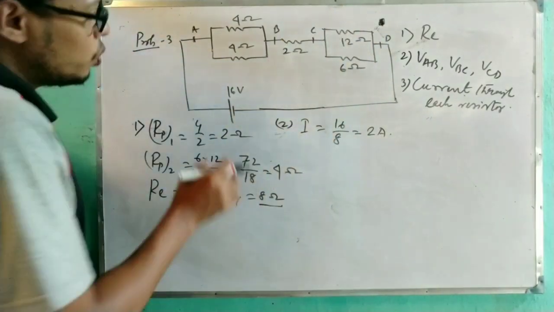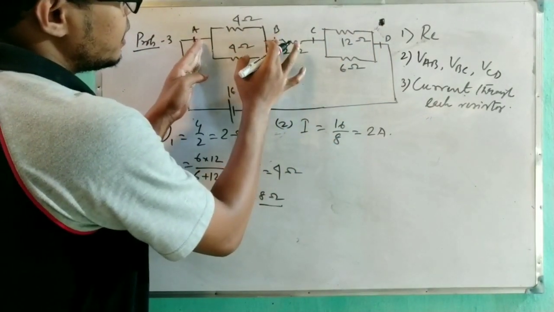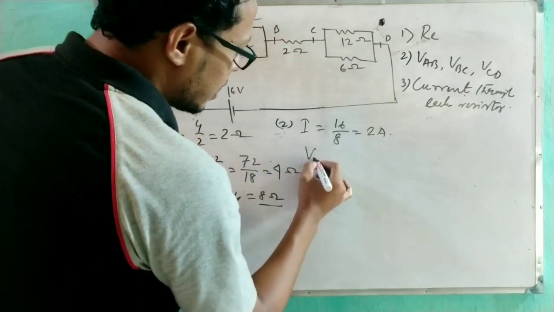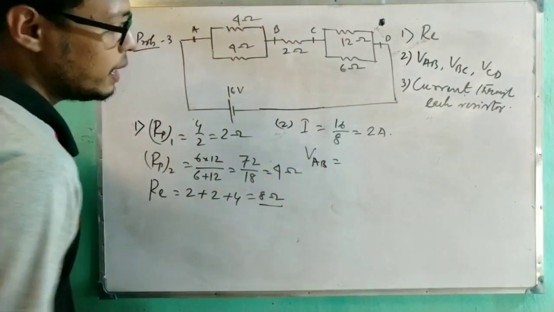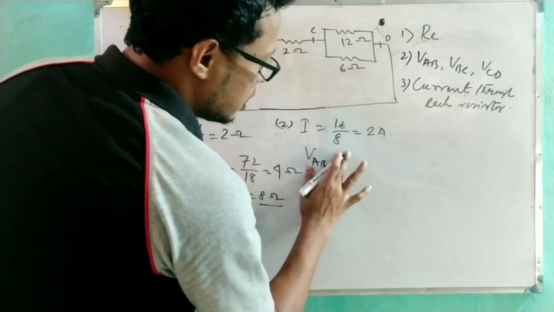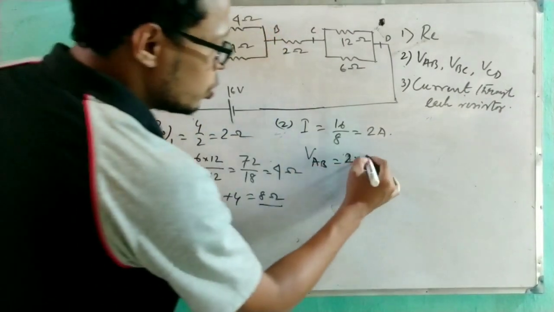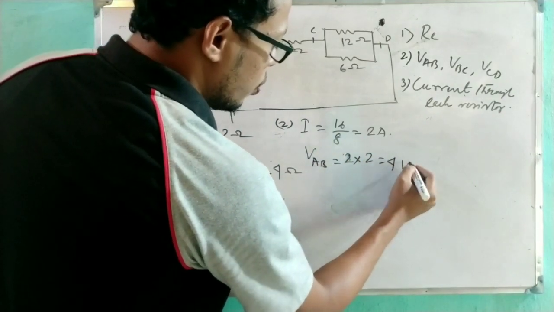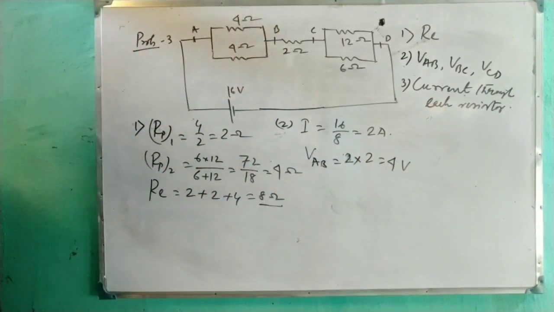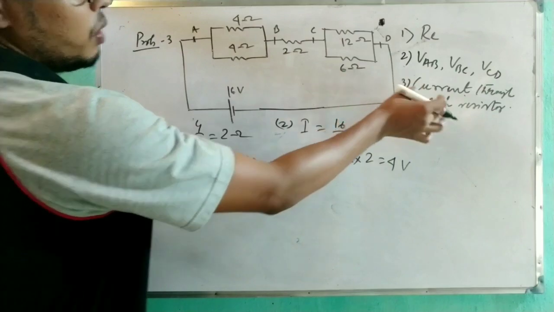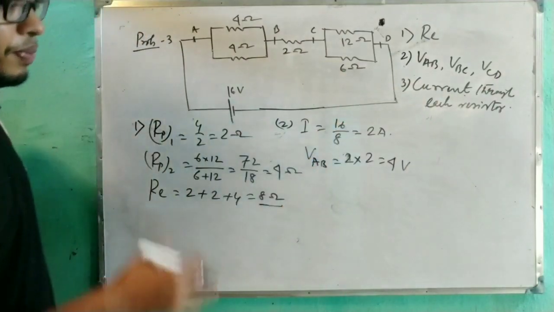Okay. So here if we consider the current is the same, the potential difference across AB will be V equals IR. So I is 2 into R. R equivalent how much? 2. So 2 into 2 means 4 volt. Okay. So from here easily we can find out the value of current through each resistor.